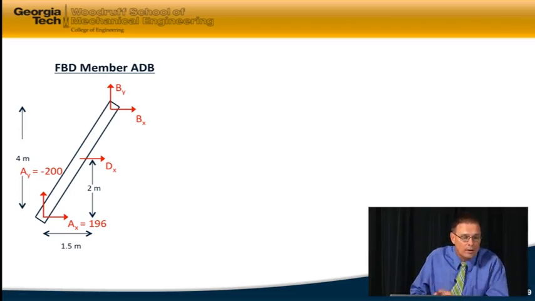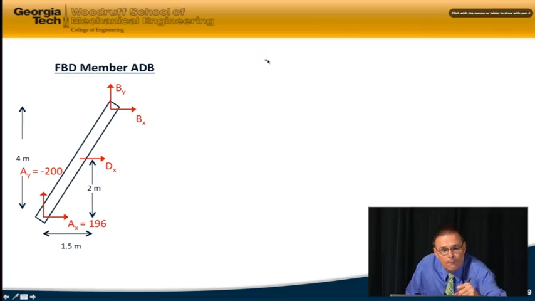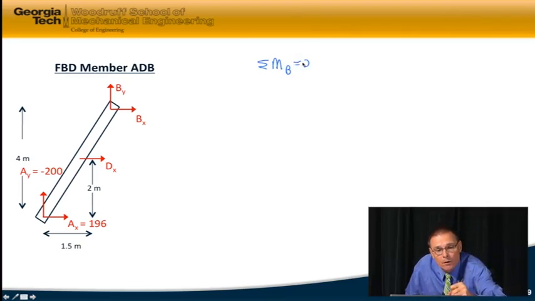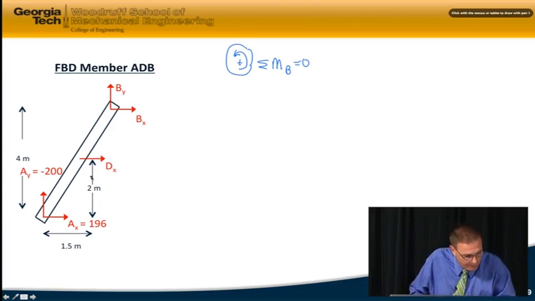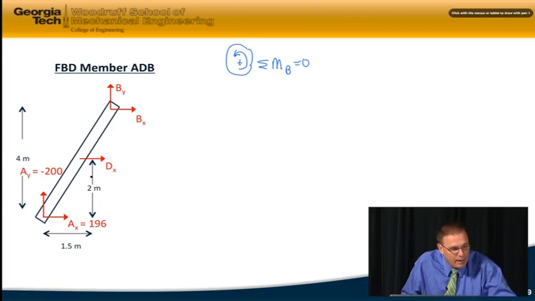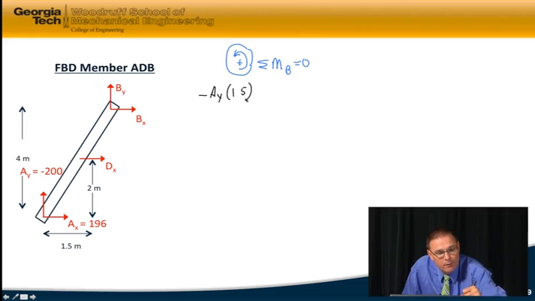And so I'll go ahead and sum moments about B to get us started. I'll choose, again, counterclockwise positive. And I'm going to get AY. AY is drawn as going to cause a clockwise motion, so that's going to be negative AY times its moment arm, which from point B is 1.5.